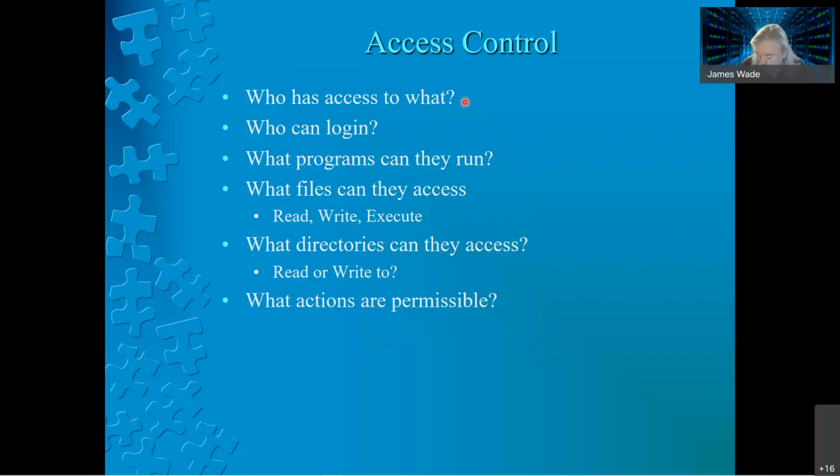In the Unix world, we have read, write, and execute. What programs can they run? In the Unix world, you can only run a program if you have execute privileges. If you don't have execute privileges, you can't run it.